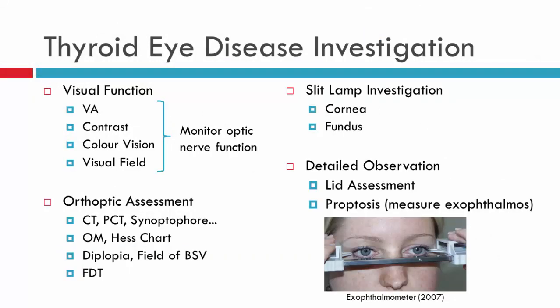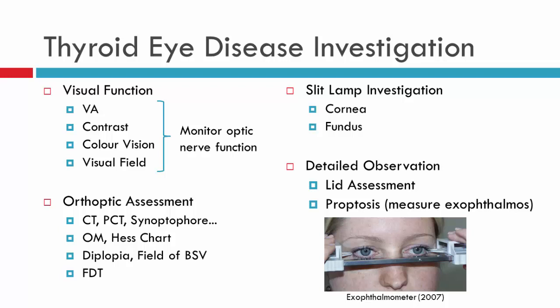Now, before concluding, I just wanted to talk to you about the clinical investigation of a patient with thyroid eye disease. Because of the additional issues that thyroid eye disease brings with it, there's going to be a more ophthalmic component to the investigation of a patient with thyroid eye disease. Firstly, the things that you should be doing in a patient with thyroid eye disease is looking for any signs of optic nerve compression.